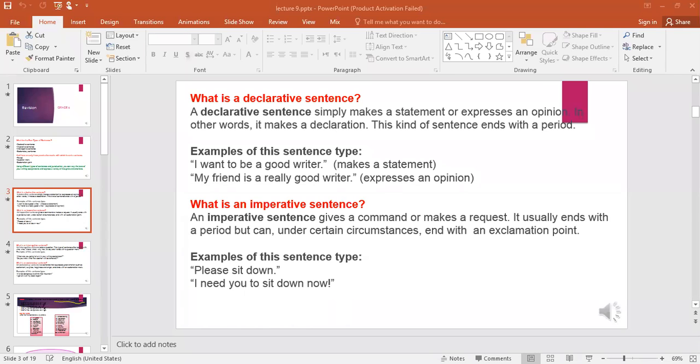Let me check it. There's no affirmative. There is declarative, imperative, interrogative, and exclamatory. That's it. Okay.